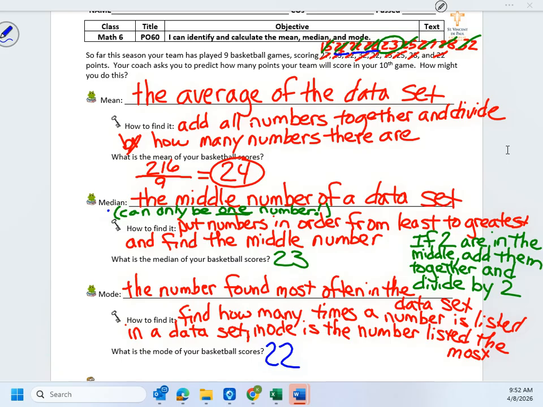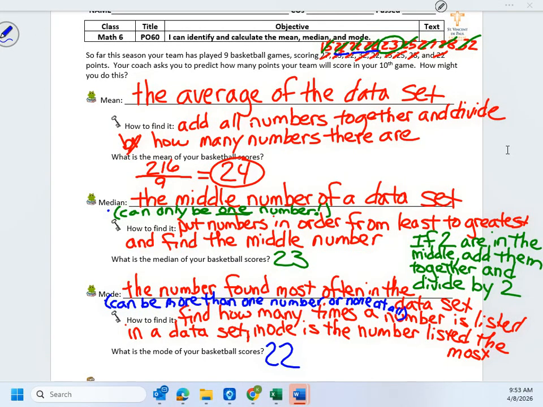With the mode, mode is special too. There can be more than one, or there can be none. If they're all listed one time, there is no mode. So we could say can be more than one number or none at all.